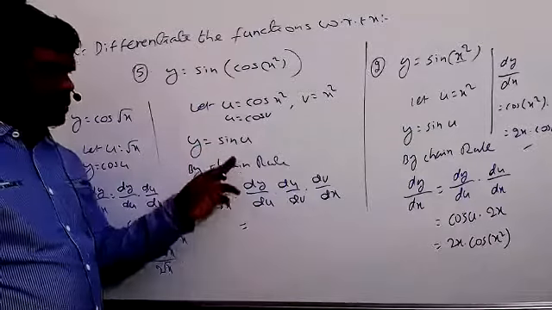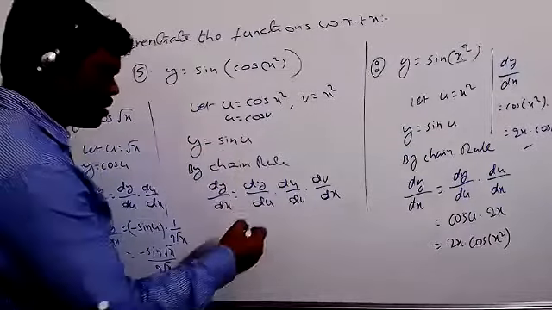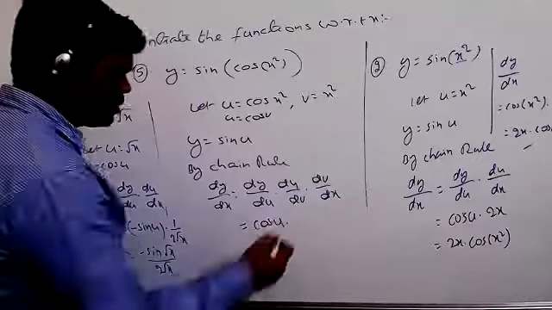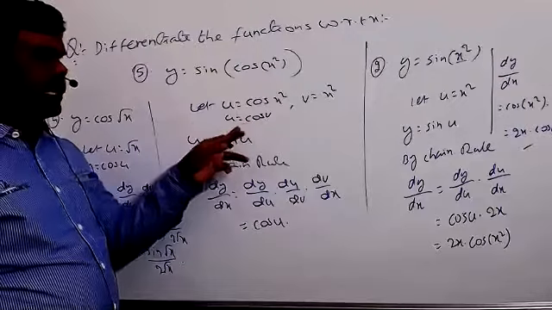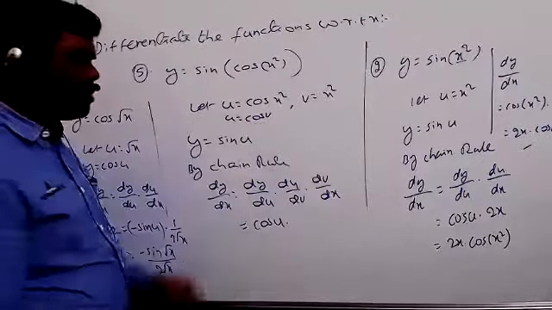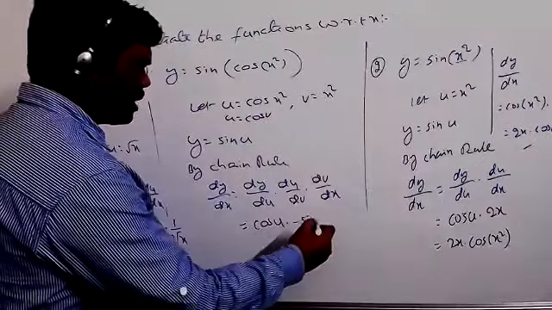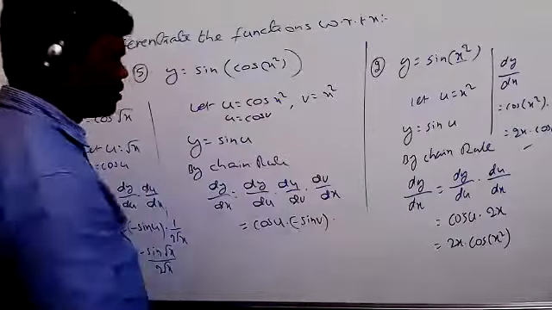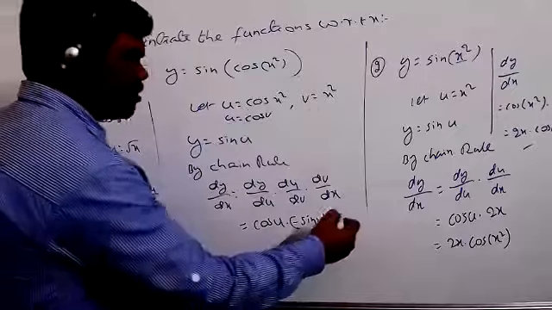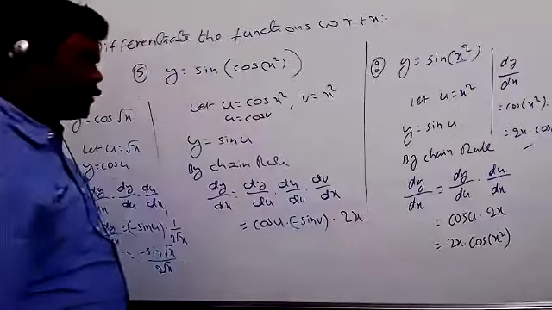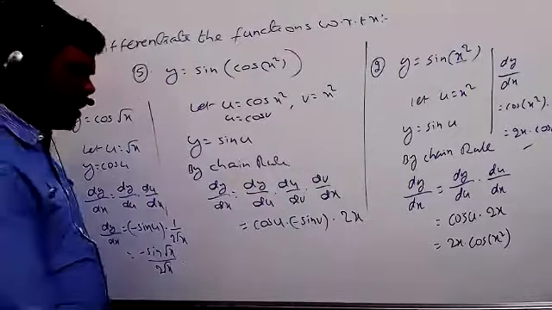So differentiation of sin u equal to how much? Cos u, into the derivative of u with respect to v. So the derivative of cos v equal to what do you get? This is minus sin v. Minus sin v into the derivative of v with respect to x. x square gives what? 2x. It's correct. Now you can write it all clearly.